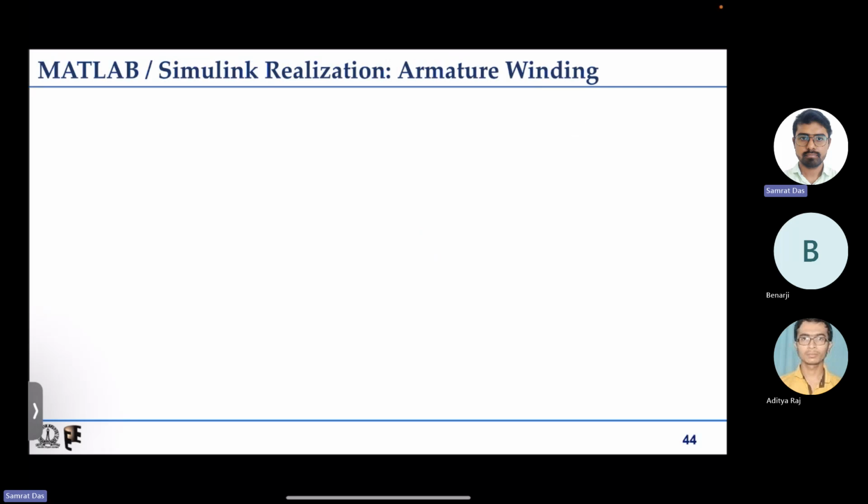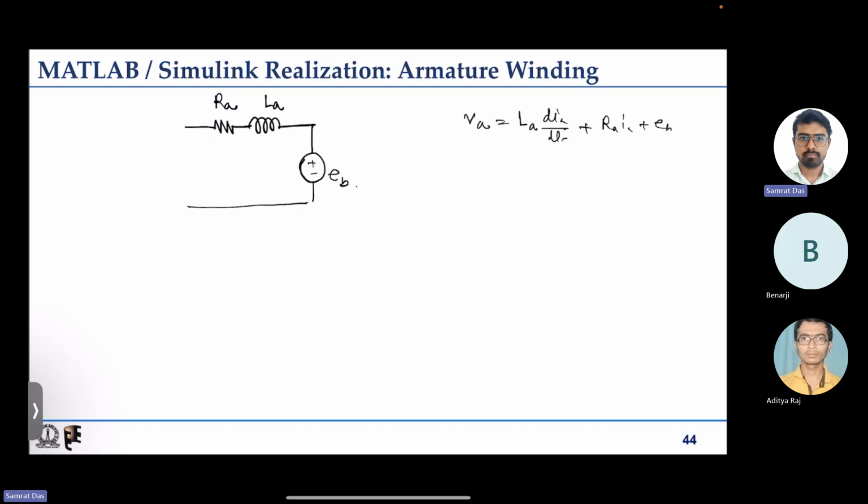Next we have the armature winding. We remember the equation, that is what we discussed today itself. We have the armature winding modeled as a small resistance, small inductance, and some back EMF, which depends on speed, of course, so EB, and we have La, we have Ra. So the equation goes like this: Va equals Ra Ia plus La dIa/dt plus EB.